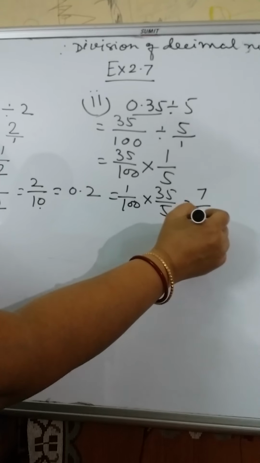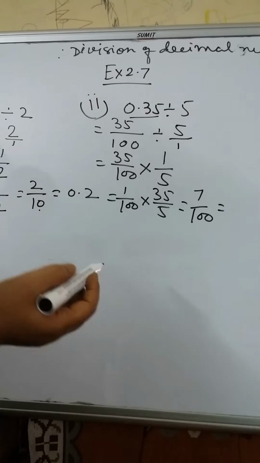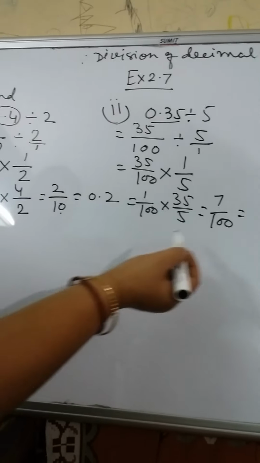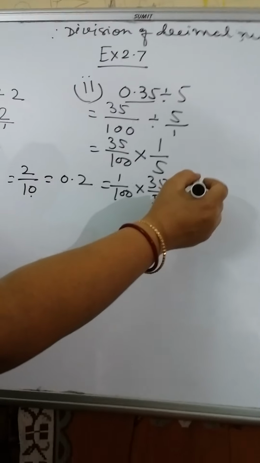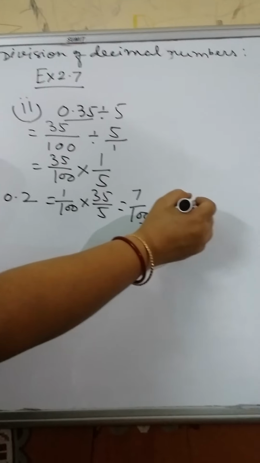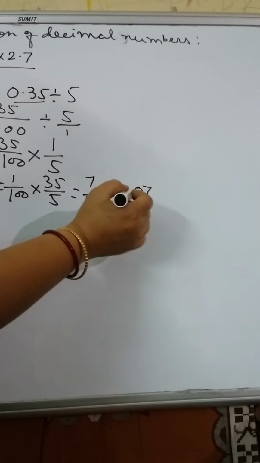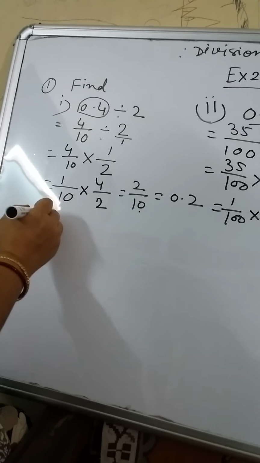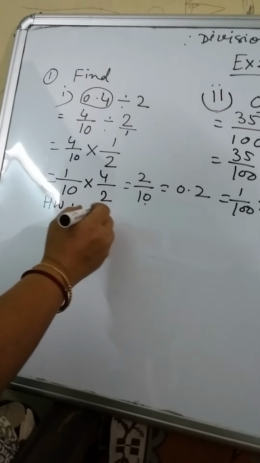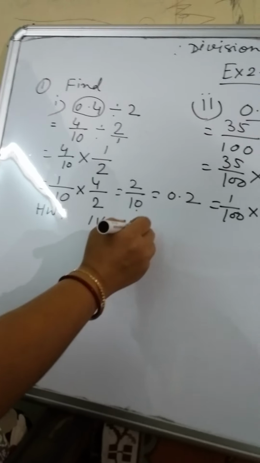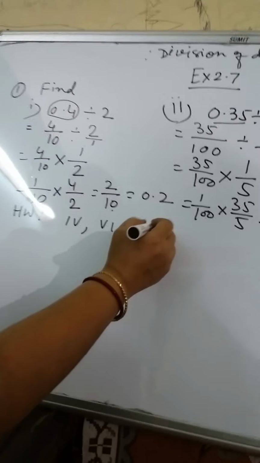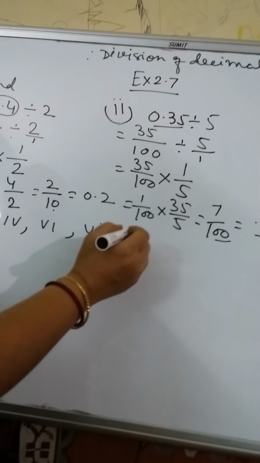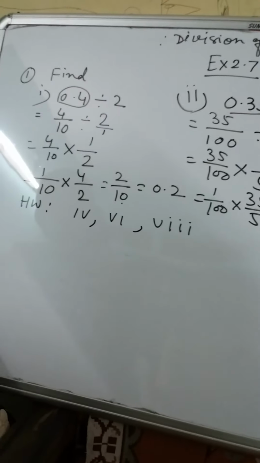So 7 by 100. Now how many places will the decimal shift towards the left? 2 places. So here your decimal comes. So your answer is 0.07. And your homework will be 4, 6 and 8 of question number 1.